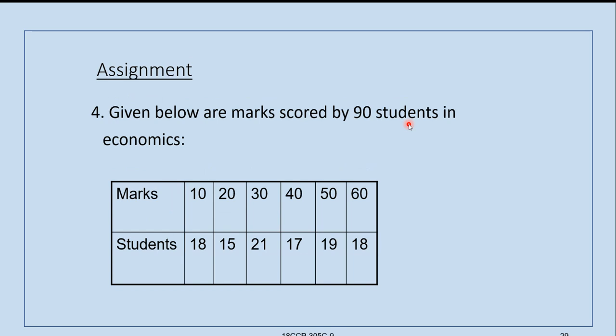Fourth problem we have taken as 90. Of course, here also I have mistakenly given 90, but the total of students is taken here. That is 33 plus 34, 54 plus 17, 71 plus 19, 90 plus 18, 108. We have to take 108 here.